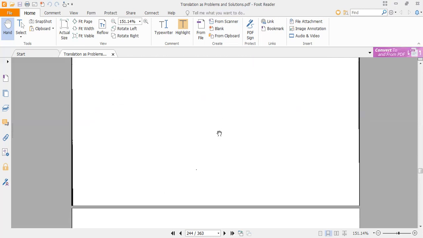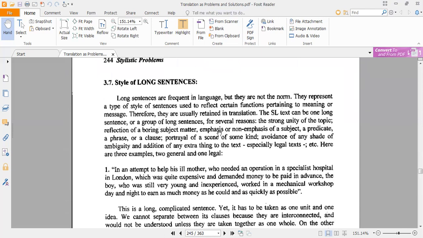Now to reach the style of long sentences. At the beginning of our lecture, I said that the Arabic language seems to use long sentences. So the dominant style in Arabic is the style of long sentences, while the dominant style of English is the style of short sentences.